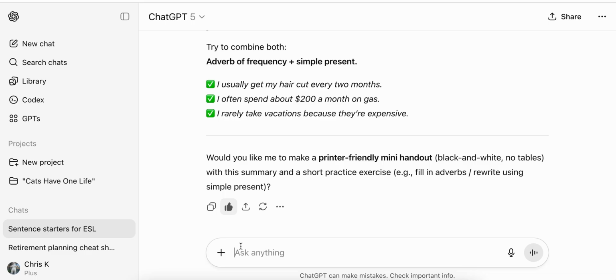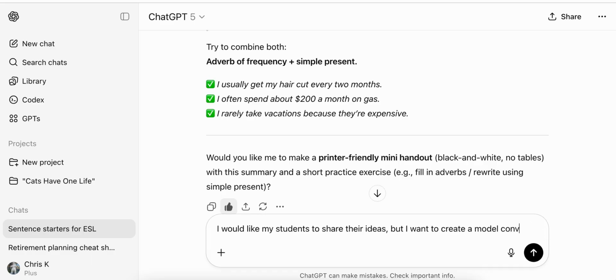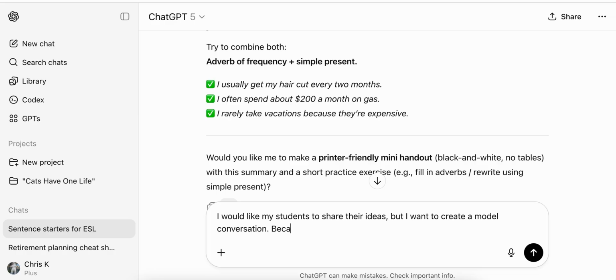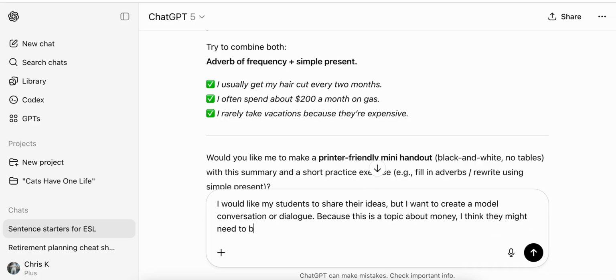Now, here is the thing that I really get excited about: creating model conversations. I would like my students to share their ideas, but I want to create a model conversation, or I should say, dialogue. Because this is a topic about money, I think they might need to be sensitive with how they talk about it.